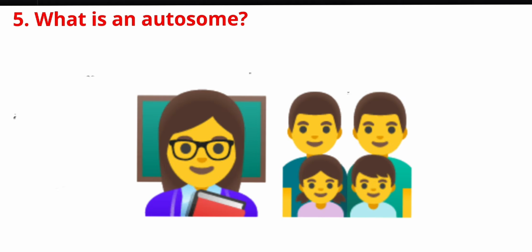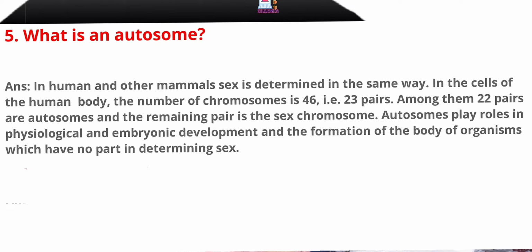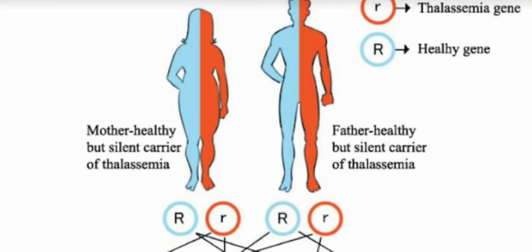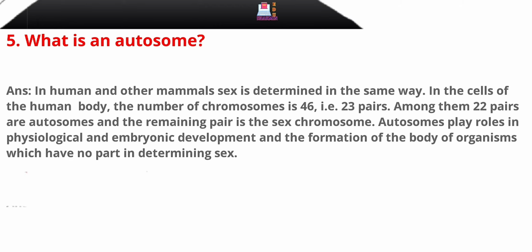What is an autosome? In humans and other mammals, sex is determined in the same way. In the cells of the human body, the number of chromosomes is 46. How many chromosomes do humans have? 46, that is 23 pairs, and among them 22 pairs are autosomes, and the remaining pair is the sex chromosome.